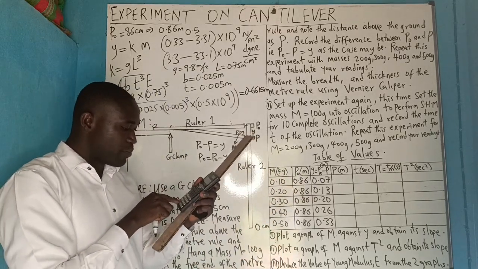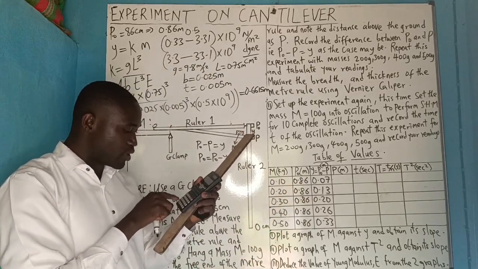So we'll be subtracting. We'll be saying 0.86 minus 0.07.